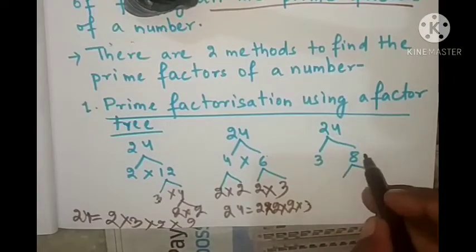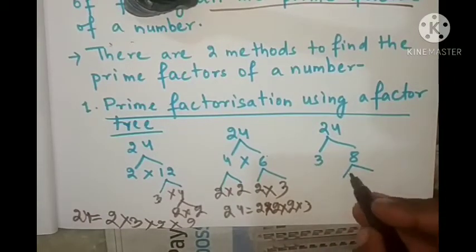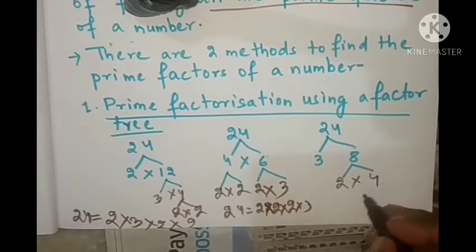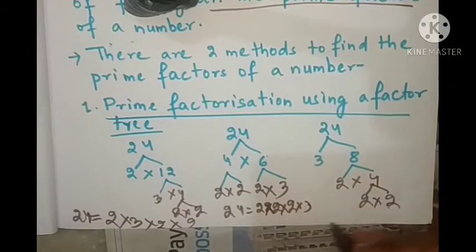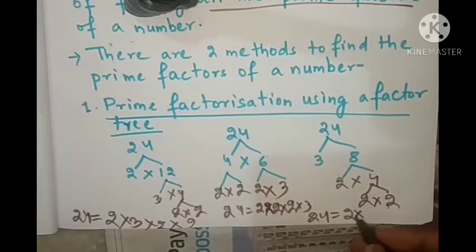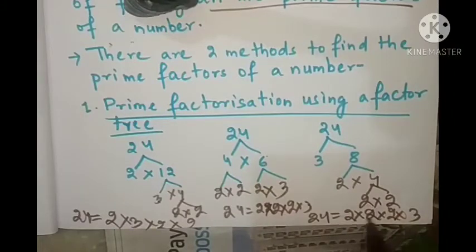Also 3 8s are 24, and 8 is 2 4s, 2 into 2 into 2. You do it. So how much did you get? The prime factors are the same: 2 into 2 into 2 into 3. Means there are 3 times 2 and 1 time 3.